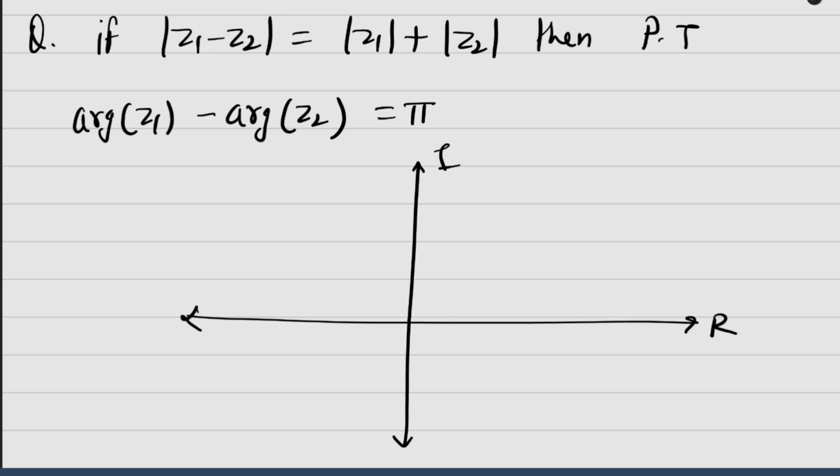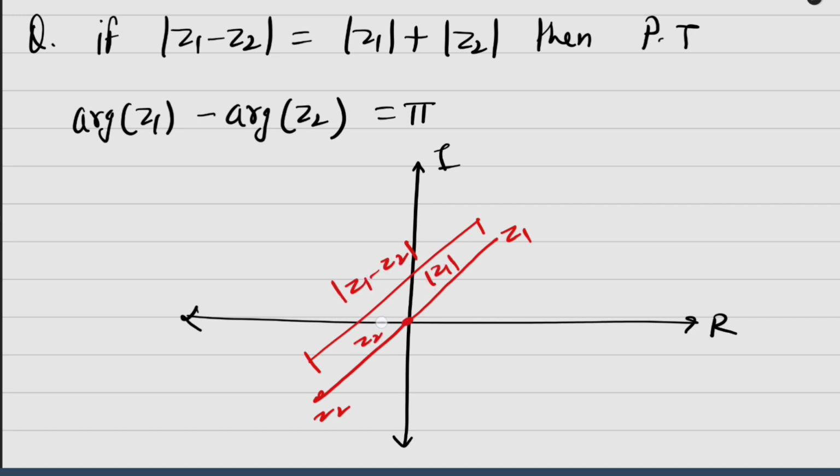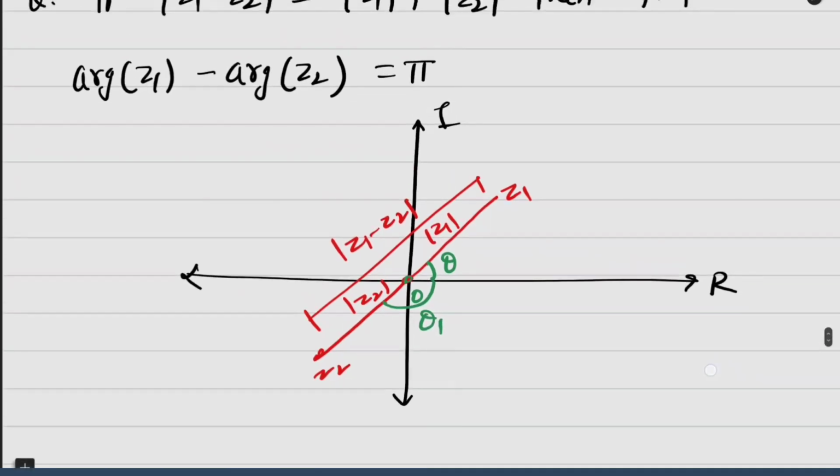On the real-imaginary axis, let us say this one is z1 and this is z2. The distance between both complex numbers is the modulus of z1 minus z2, which is also equal to the modulus of z1 plus z2. It satisfies all the conditions. Let us say this angle is theta and this angle is theta 1, meaning the argument of z2 is theta 1.